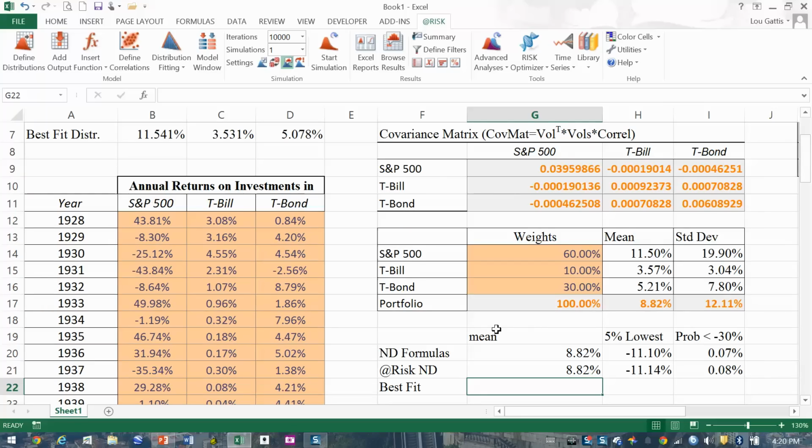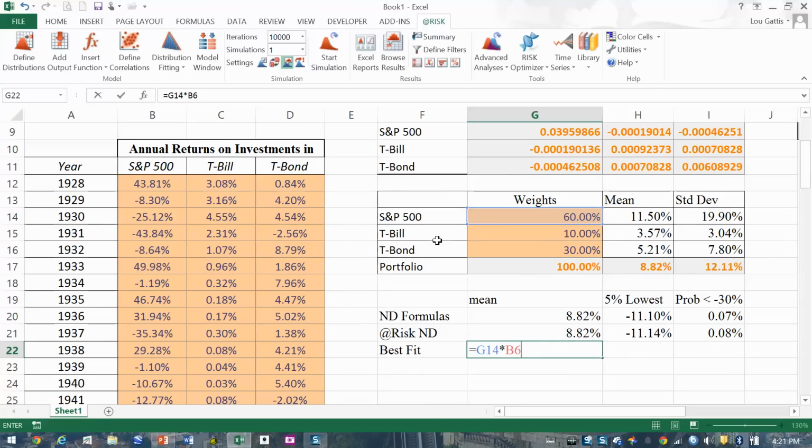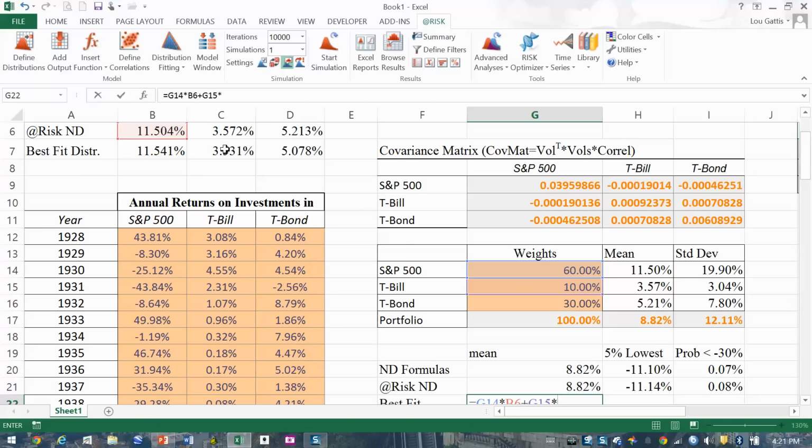where I'll just take 60% of the best fit plus 10% of the best fit. Whoops, I need to move this one back down.